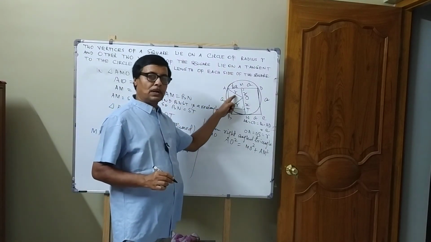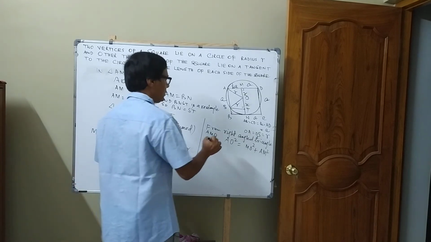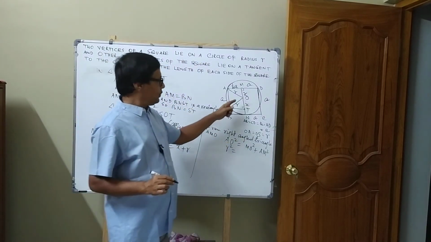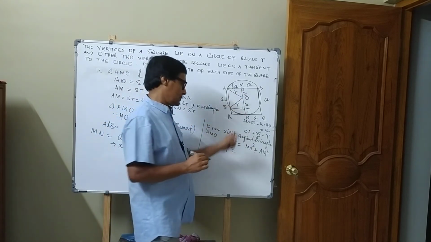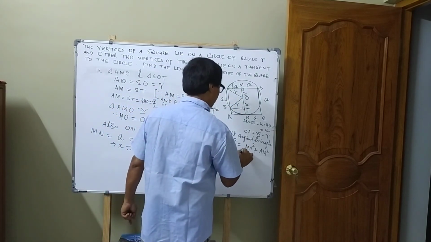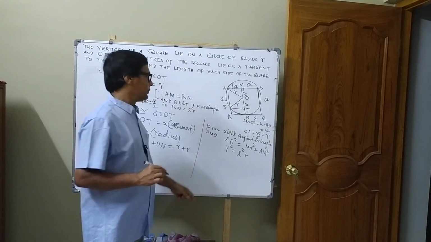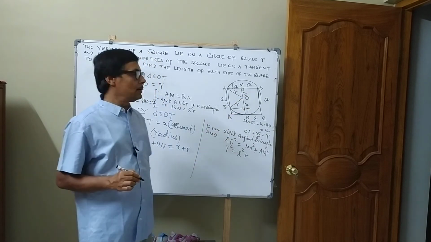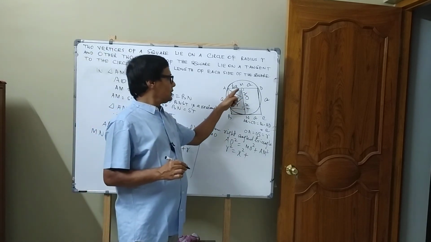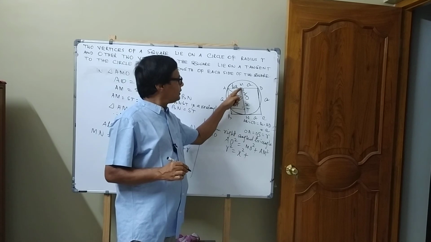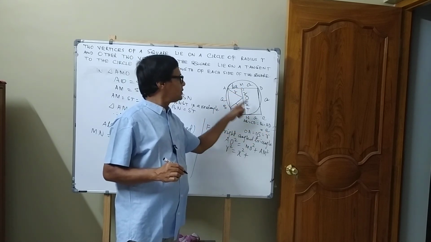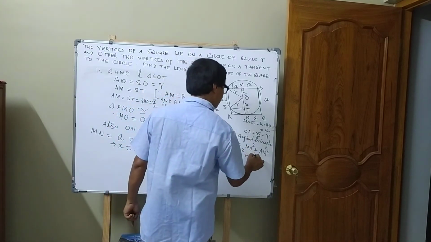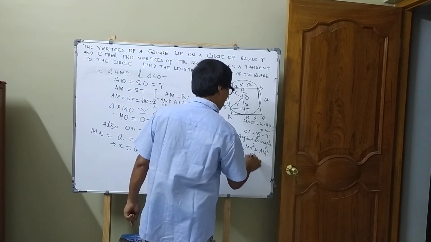AO is given as R, the radius of the circle, so R square equal to MO square, and MO is assumed as X, so X square, plus AM square. AM is half the length of the side of the square, that is A over 2, squared.